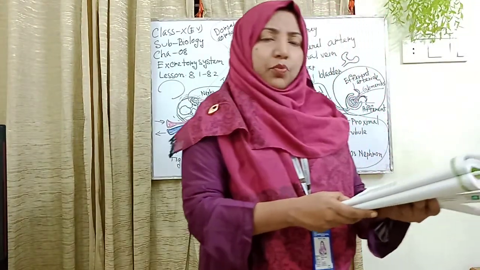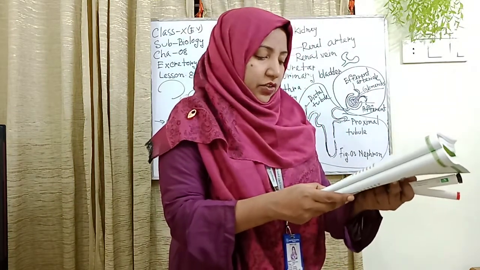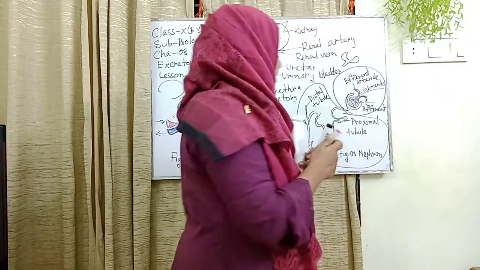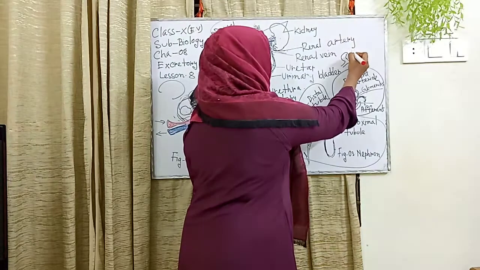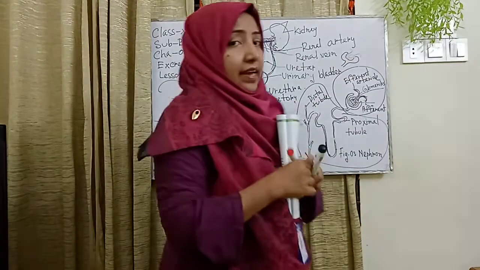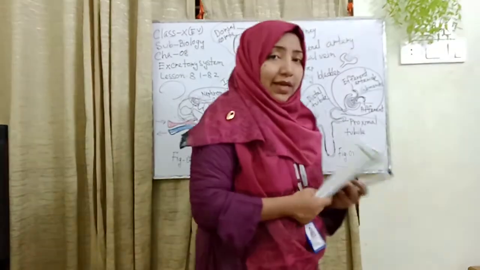Inside the Bowman's capsule is a small cluster of blood vessels called the glomerulus, made of about 50 capillaries.